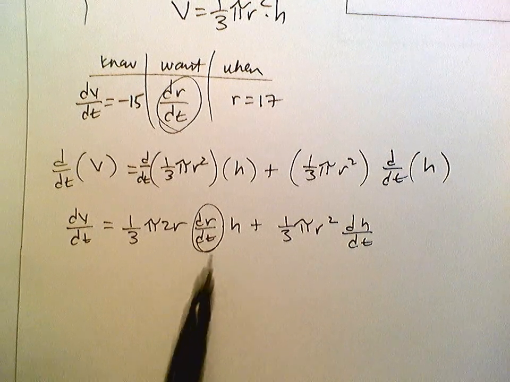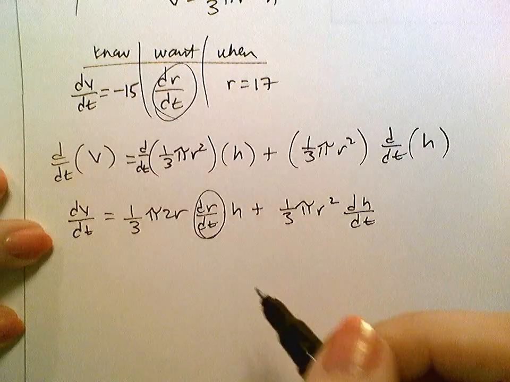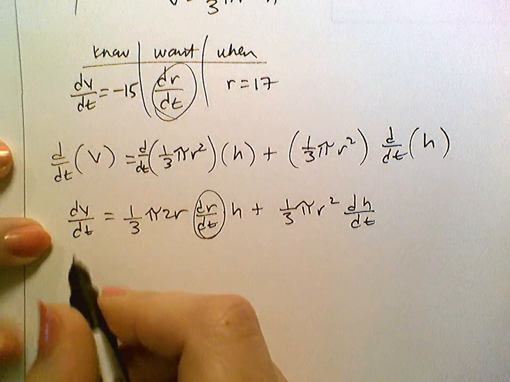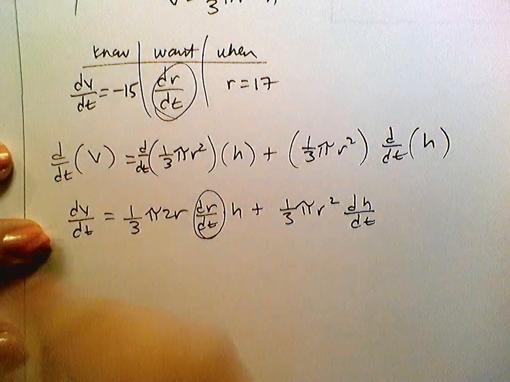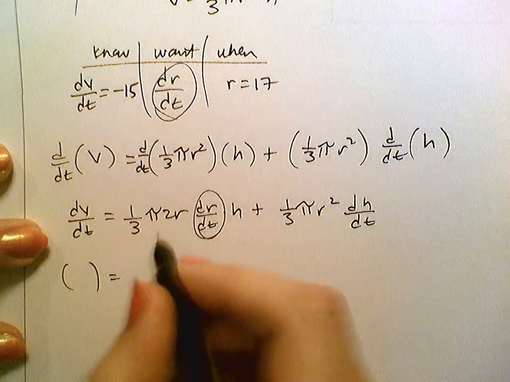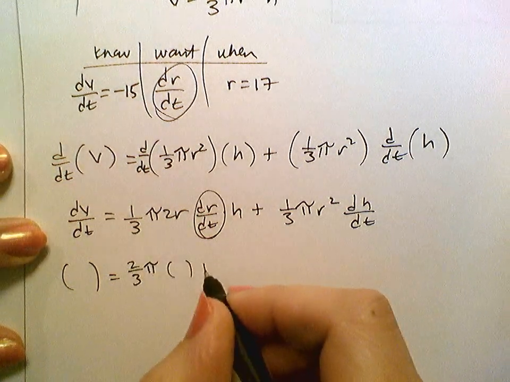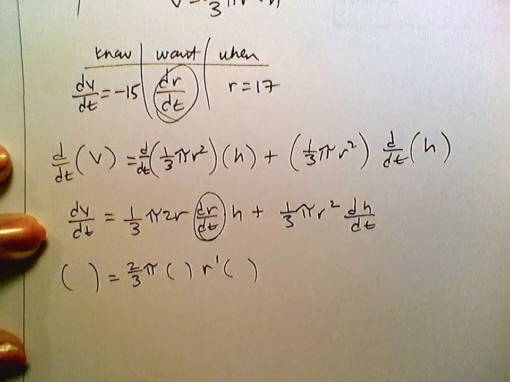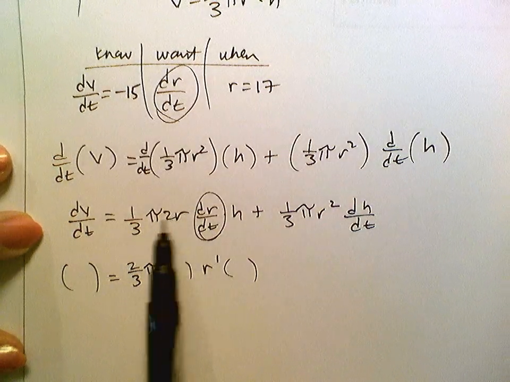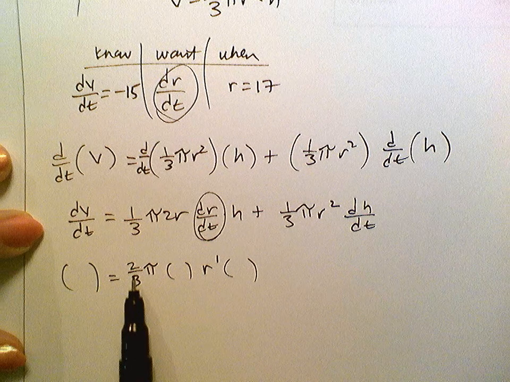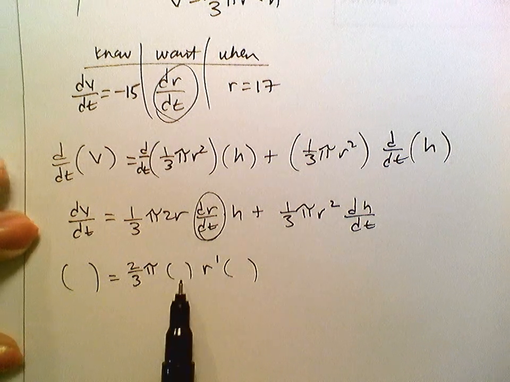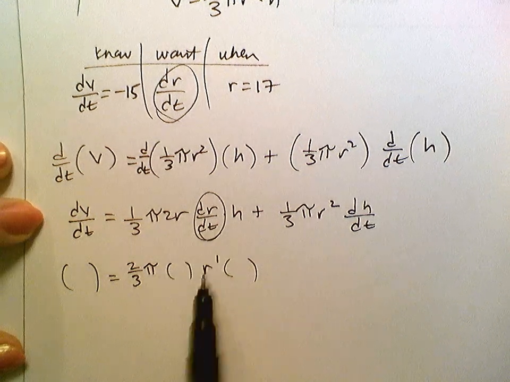I'm gonna put an r prime there instead because that's easier. It's just less writing. So a lot of times when you switch notation, it's just because it's less writing. So this is 2/3 pi blank r prime blank. I just commuted and put the 2 there, and then brought down a blank for r. That comes down as r prime.